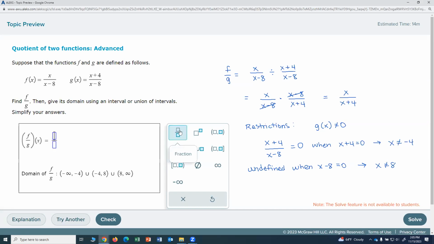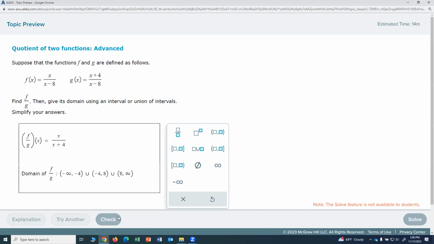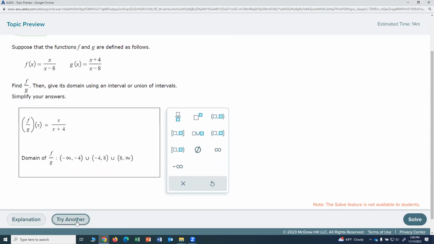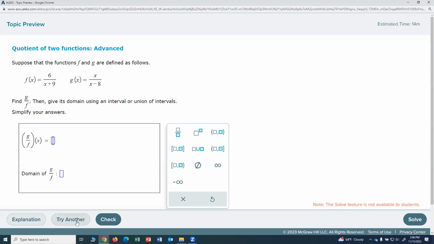And up here, I would go ahead and put in my x over x plus 4. Let me see if I can find one more that's slightly different. So now I have two functions and they have different denominators. So let me go ahead and do this one as well.